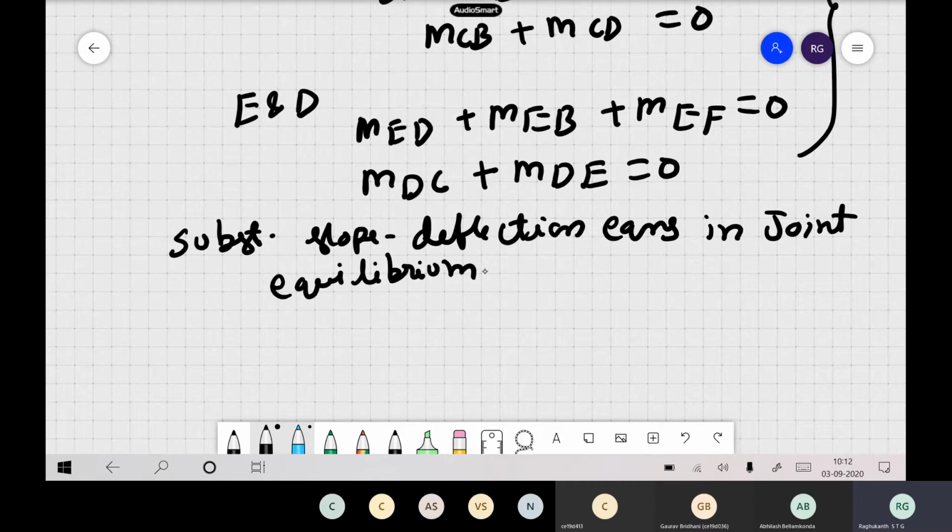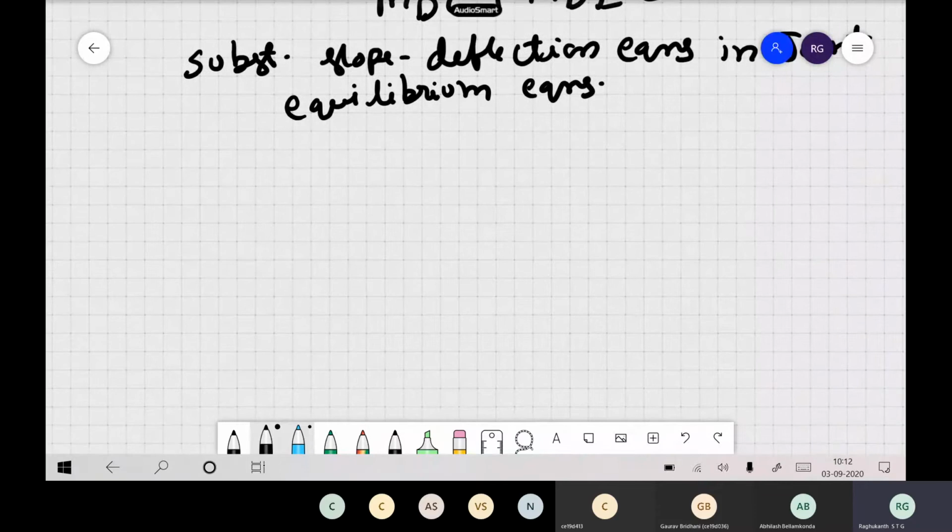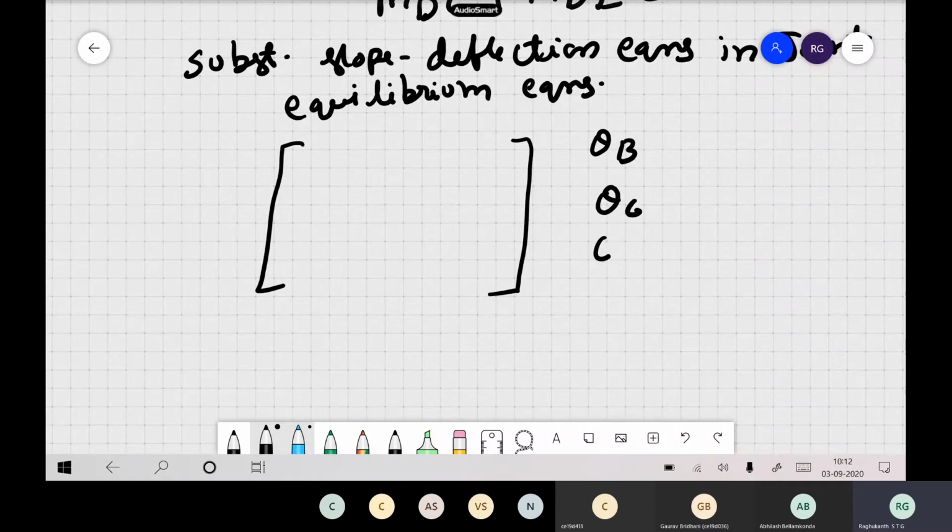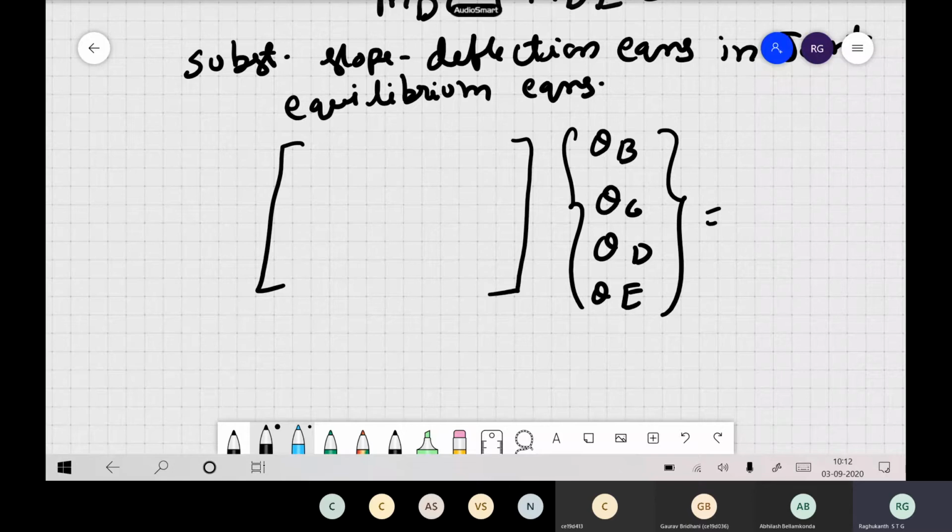Now you substitute, and finally you will get a nice matrix kind of a thing. You can rearrange them: theta B, theta C, theta D, theta E. So you will have equations like this, and the right hand side will be 0 0 0 0.